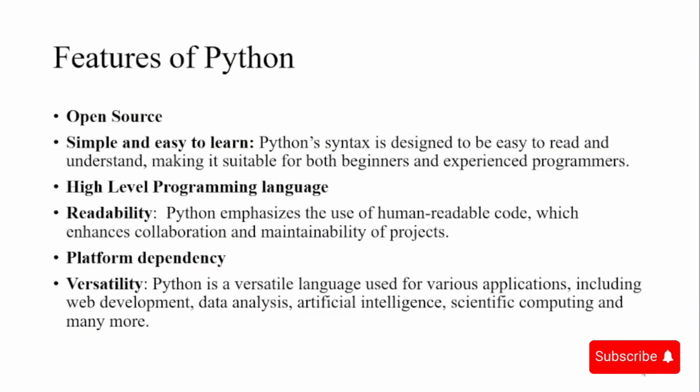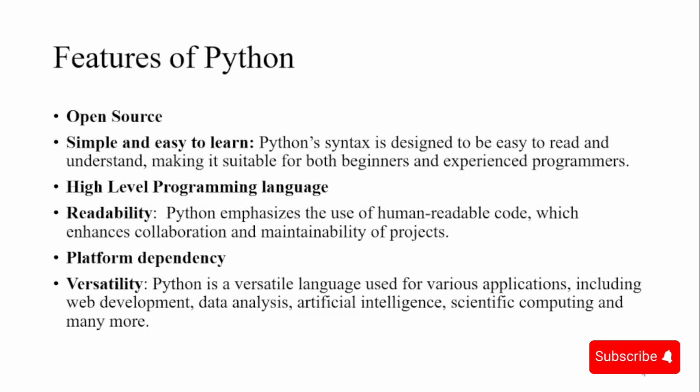And then we have some of the key features, or characteristics, of the Python programming language. Maybe for those who don't understand what we mean by a programming language, this is a kind of language that computers are able to understand. Remember, computers do not understand our general English language, so they understand a programming language.